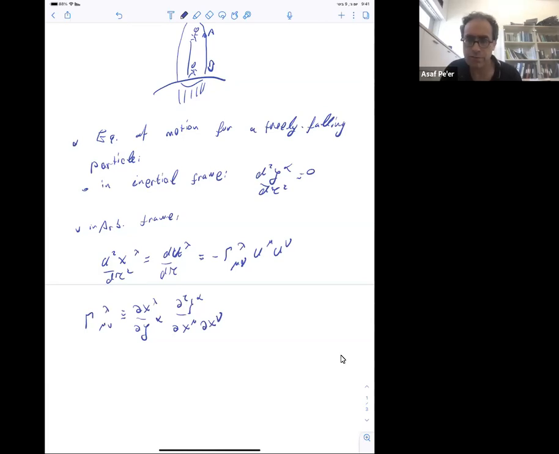What happens here? You're still seeing my screen, right? Yeah, okay, good. And then we are attributing this second term here. Essentially, it's an acceleration term, du over dτ, it's acceleration. Essentially, this is going to be due to the gravitational force. Right now, this is simply a mathematical manipulation.